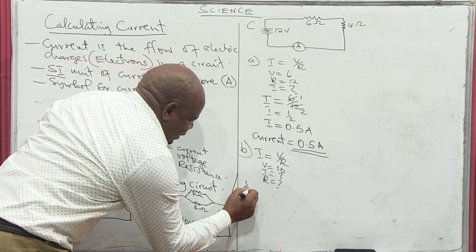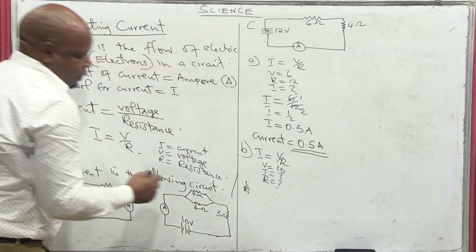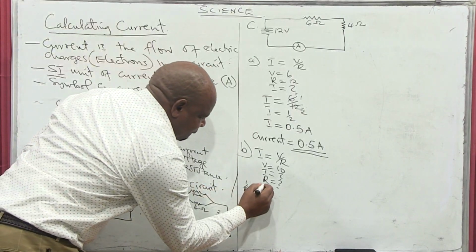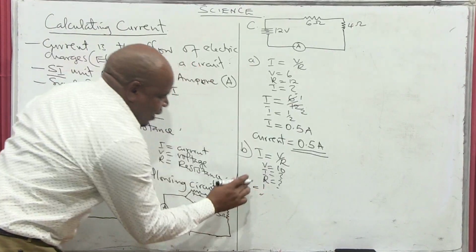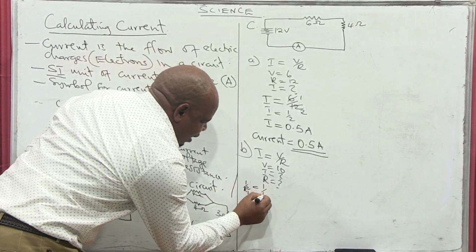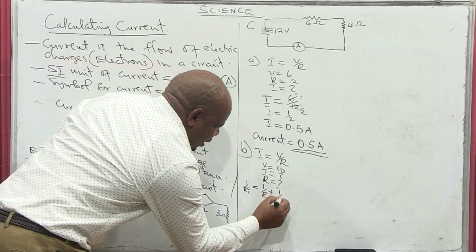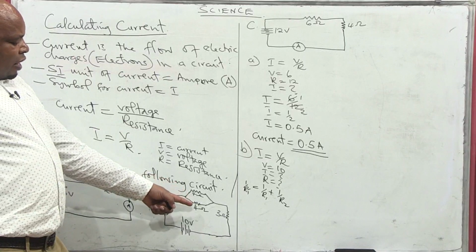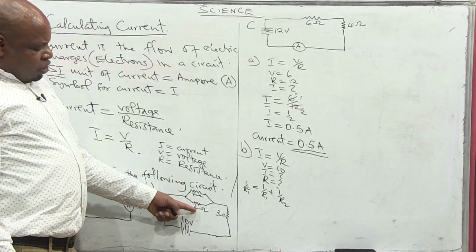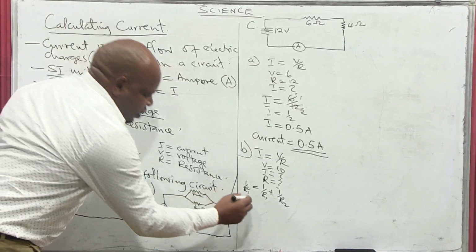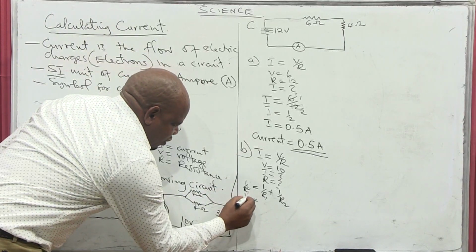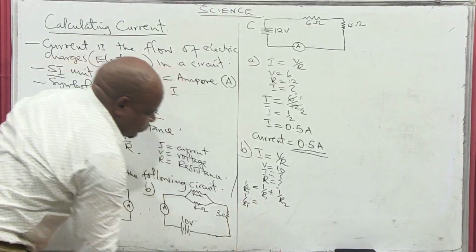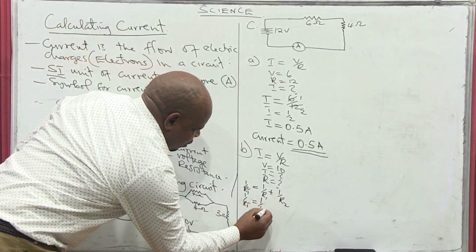One over RT is given by 1 over 4. Remember, 1 over RT is given by 1 over R1 plus 1 over R2. Our R1 is here, our R2 is this one here. Hence, 1 over RT is equal to 1 over 4 plus 1 over 4.